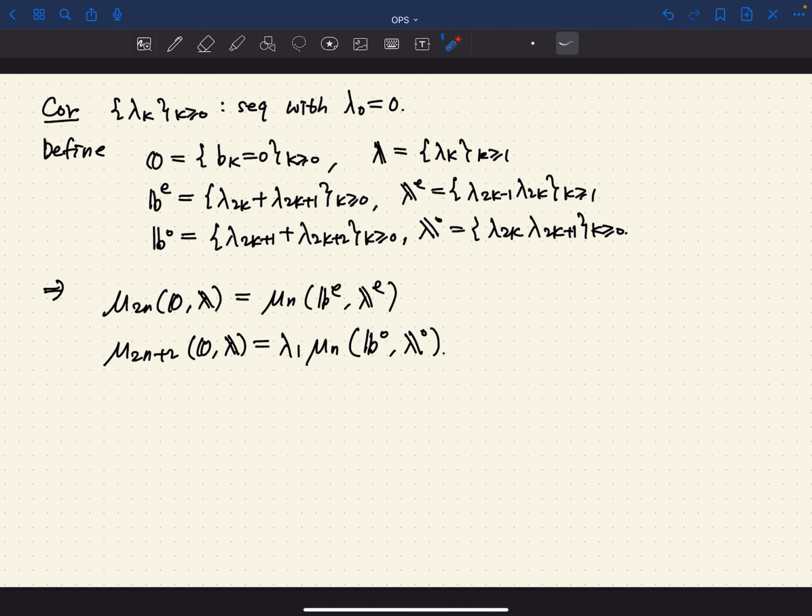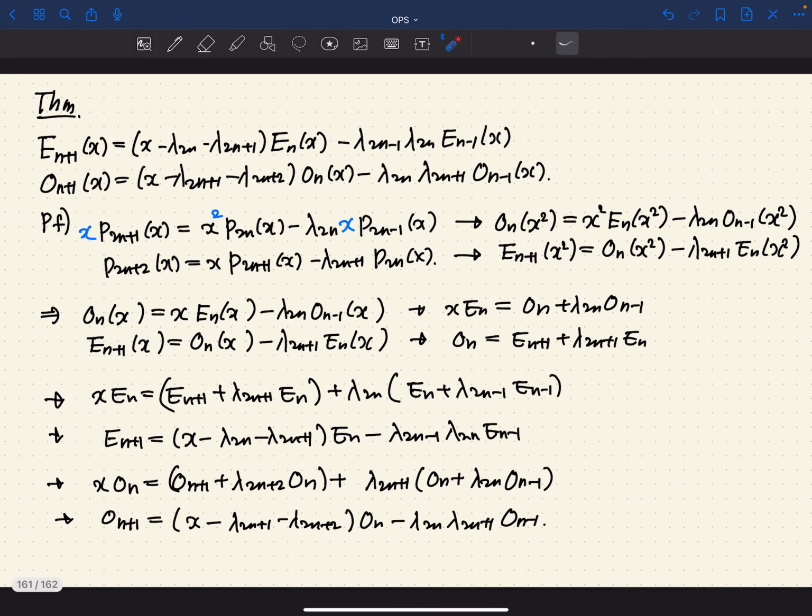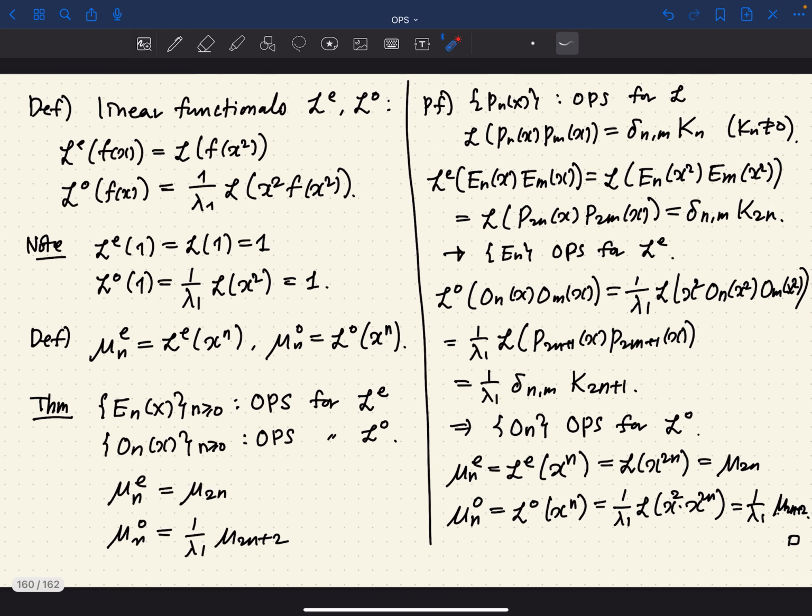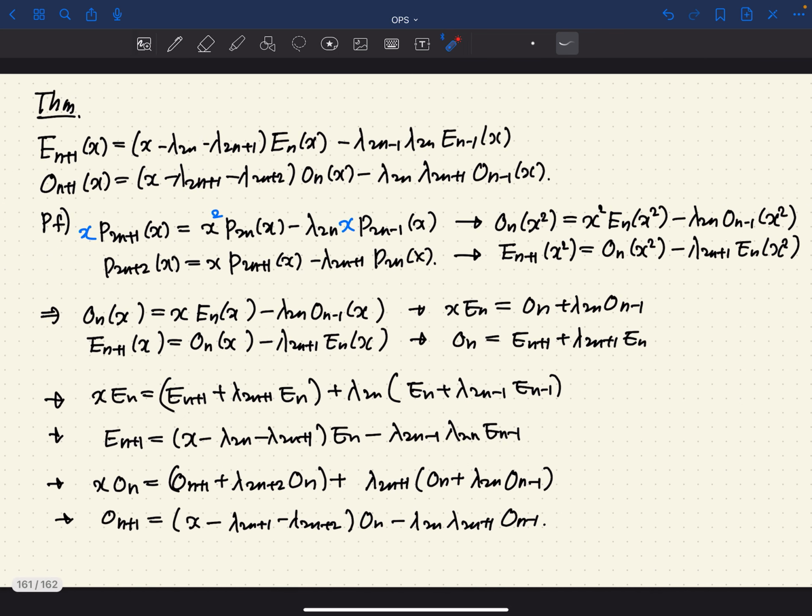This is basically the weight generating function for Motzkin paths, where the weights are given by these.